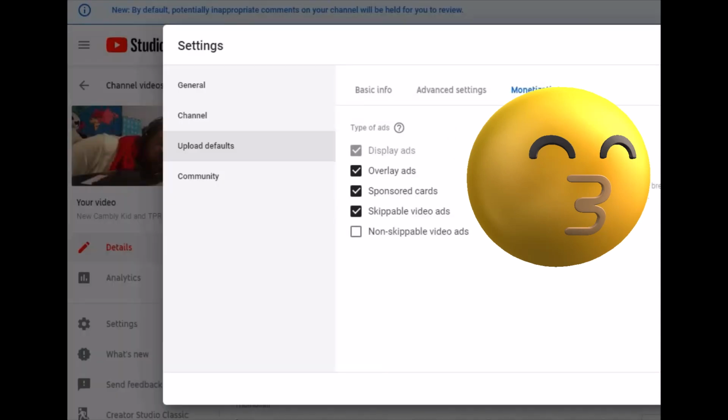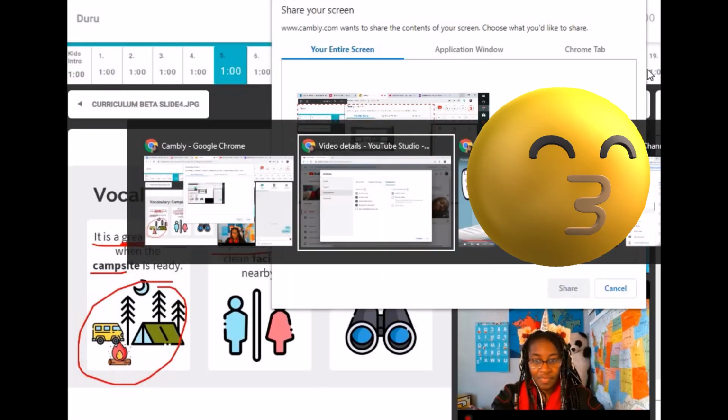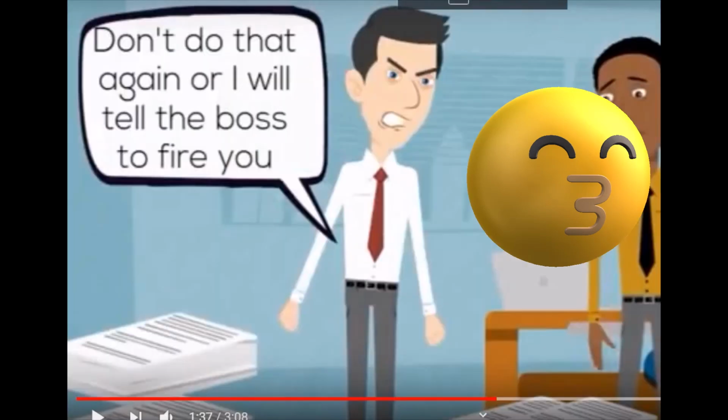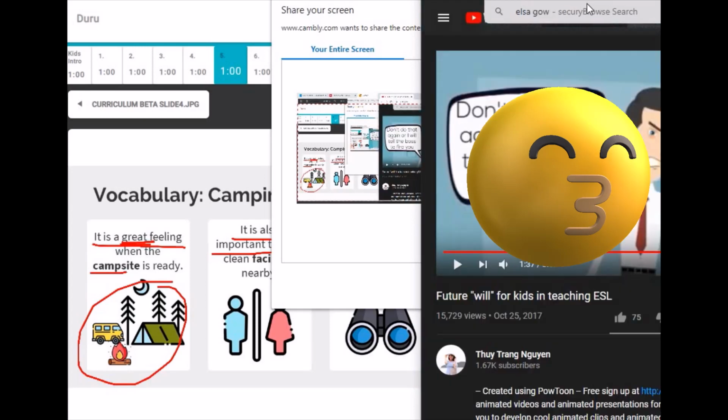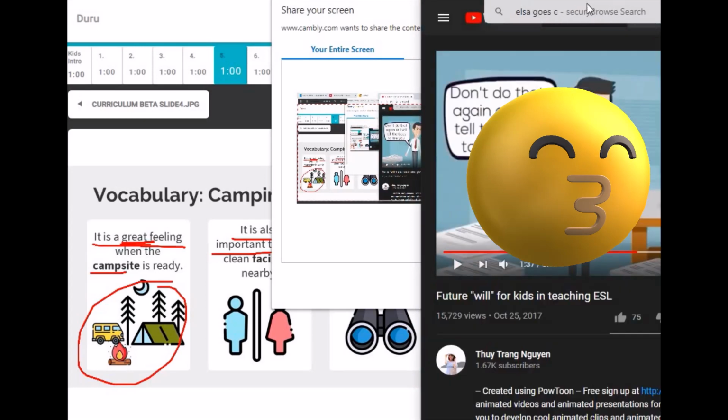If I can find Elsa with a tent, then Elsa. We don't need that one. Let's see if I can find Elsa goes camping.